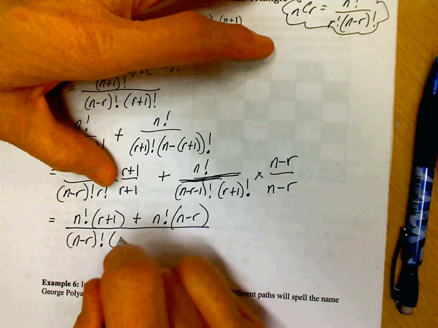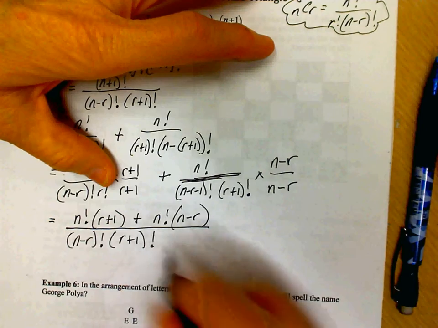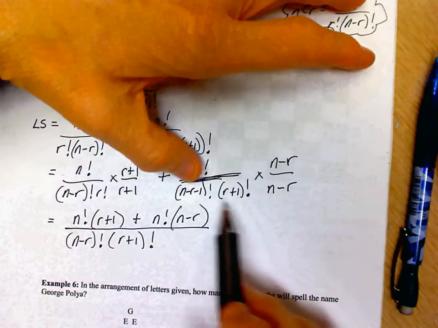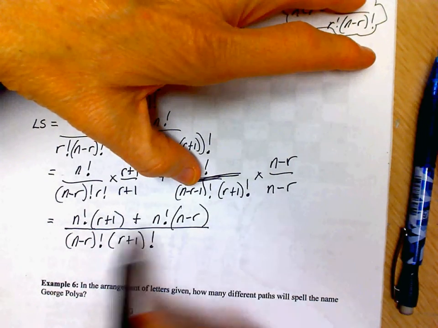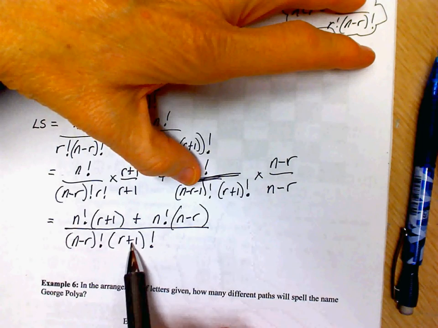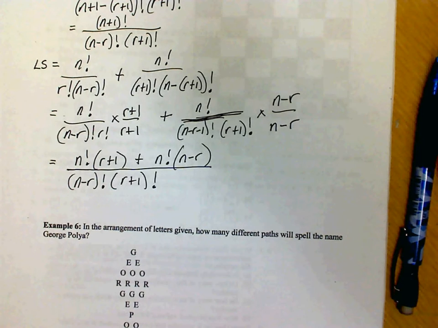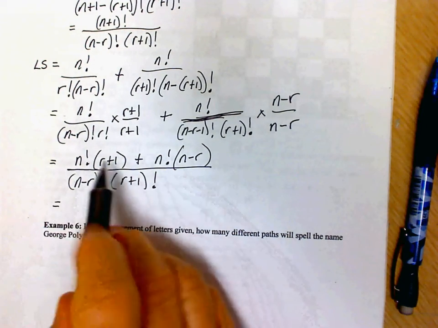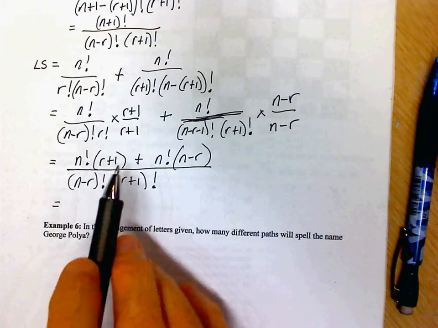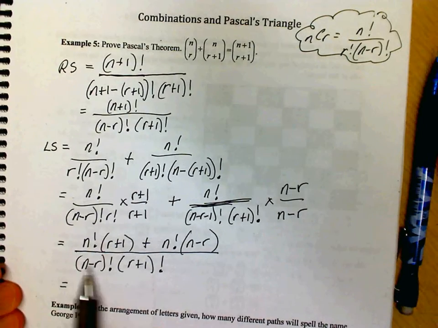I've got my common denominator, and it's equivalent to the right-hand side denominator.